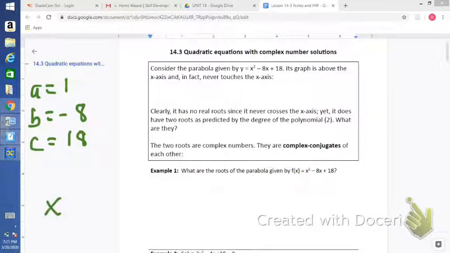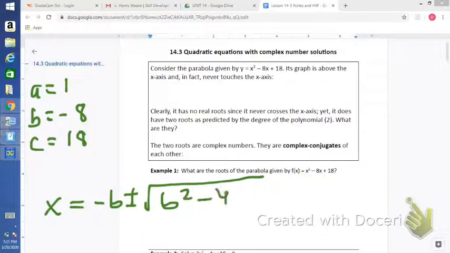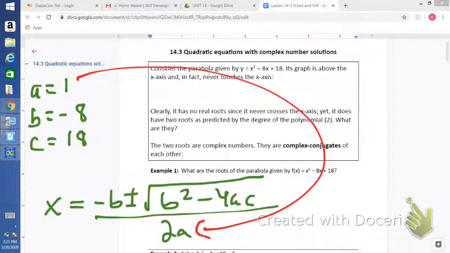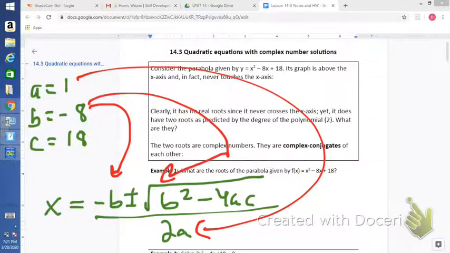Now we're going to write down our quadratic formula, which is x equals negative b plus or minus the square root of b squared minus 4ac all over 2a. And what we're going to do is we're going to take these numbers. So we're going to take 1, plug it in here. We're going to take negative 8, plug it in here and there.